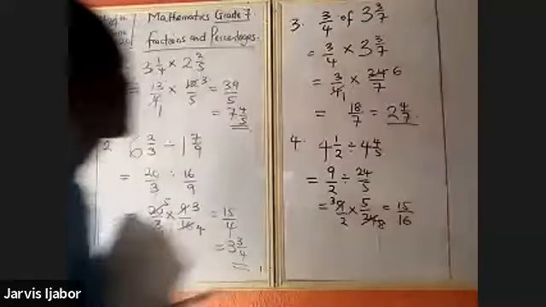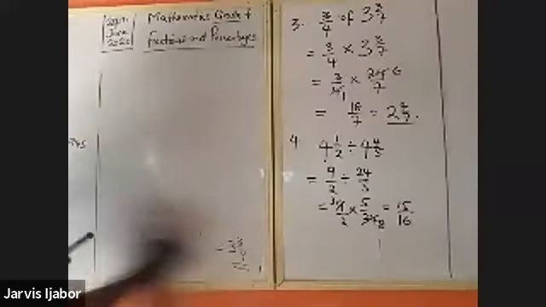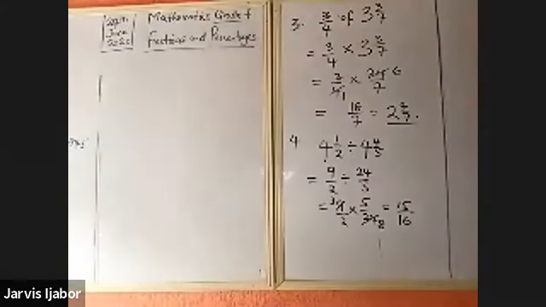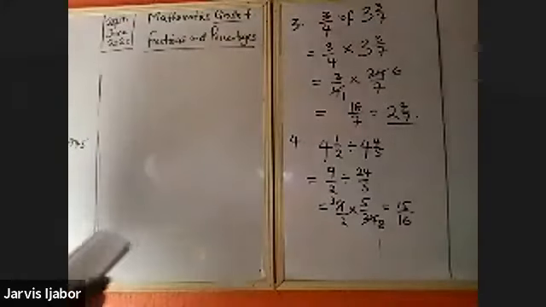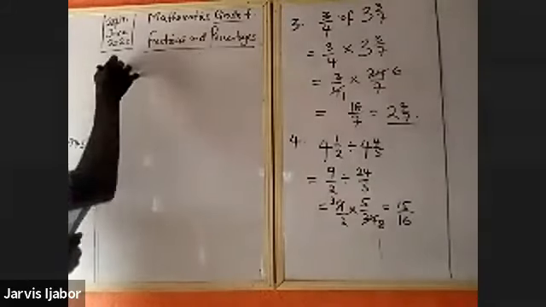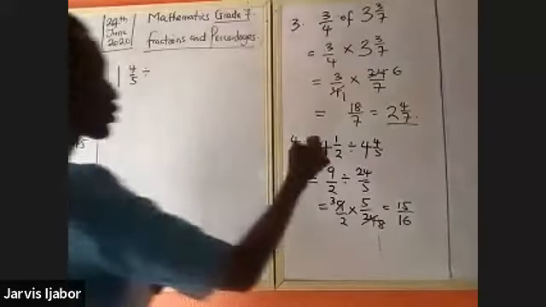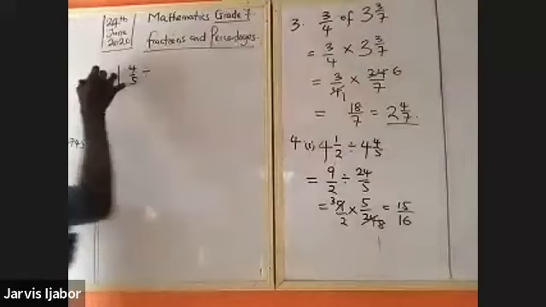So let's check the other one out. 1 4/5 divided by, so let's call this one Roman figure 1, and let's call this Roman figure 2.